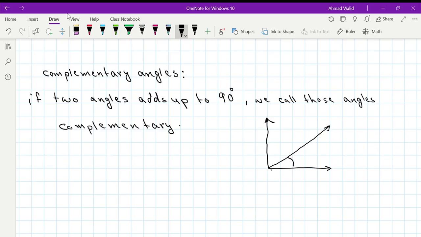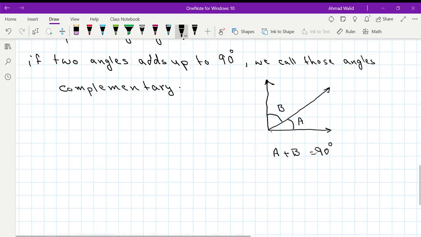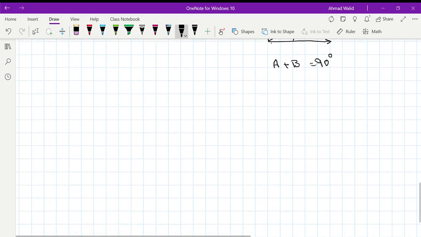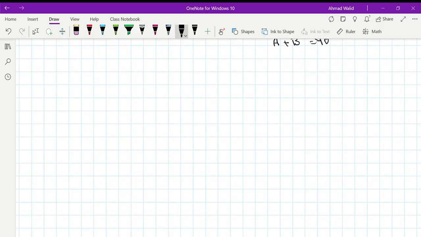For example, I'll name this angle A, and this angle B. If A plus B gives me 90 degrees, I call these two angles complementary. If two angles add up to 90 degrees, we call them complementary. Next one, supplementary.